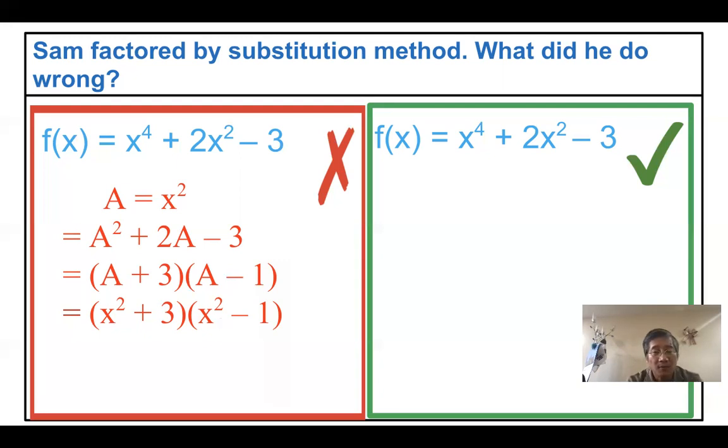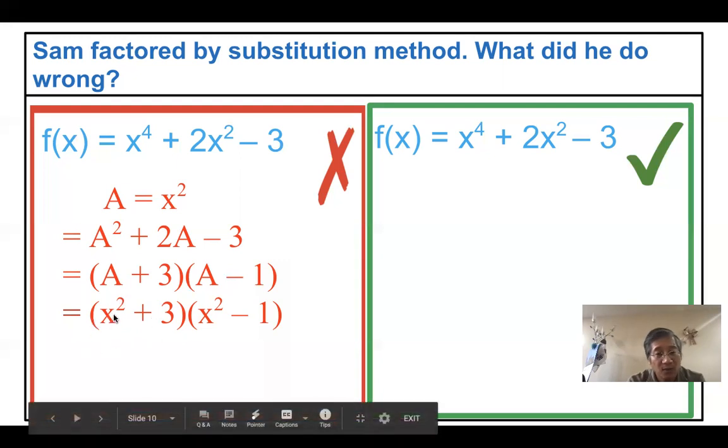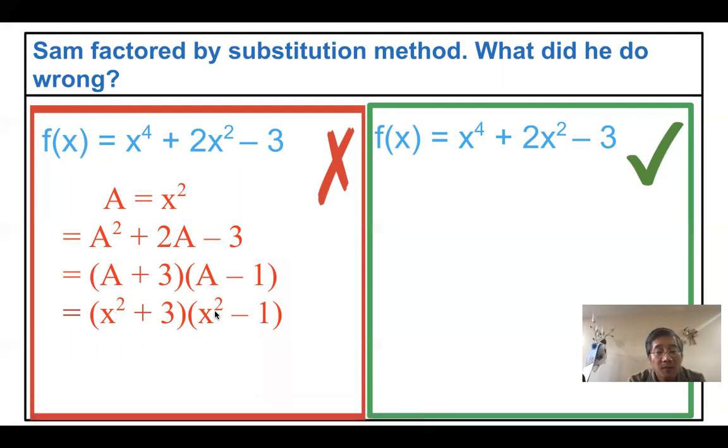So what's the problem then? Oh, yeah, x squared plus 3 is not factorable because it's a plus. So x squared can never become negative, right? So you cannot make this 0. X squared cannot become negative 3. But x squared can become 1. 1 minus 1 is 0.